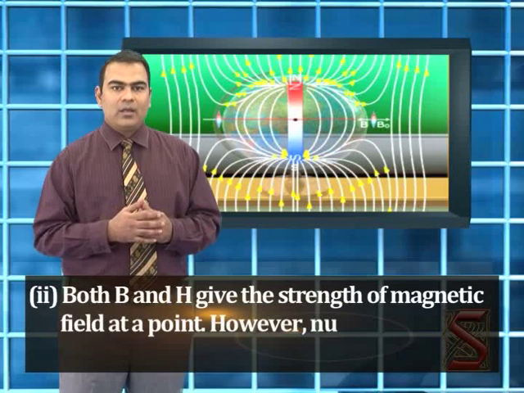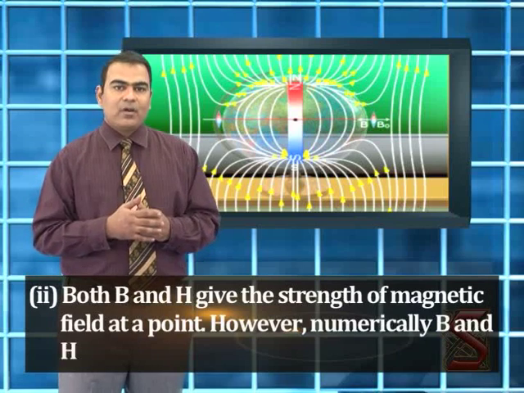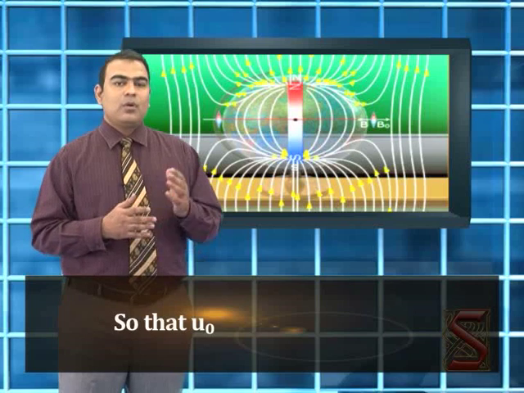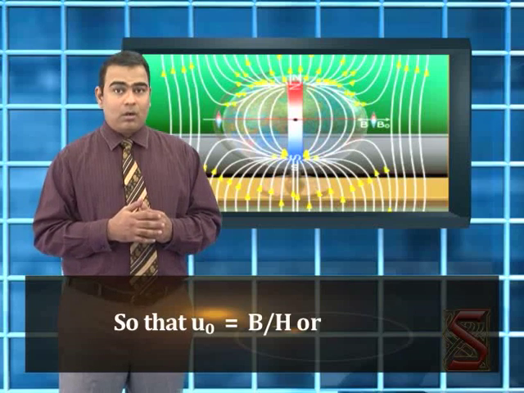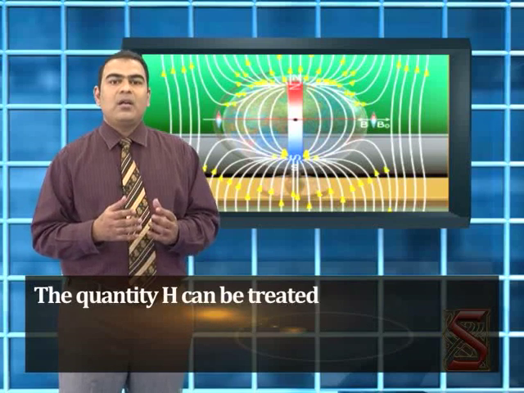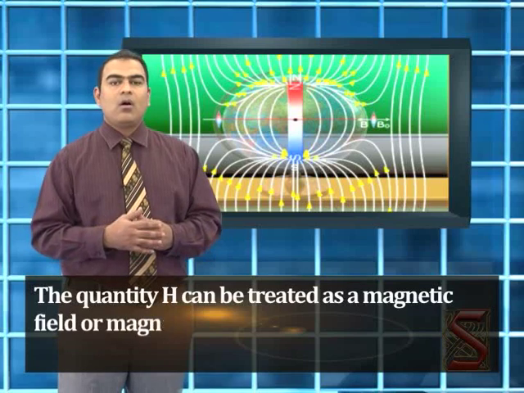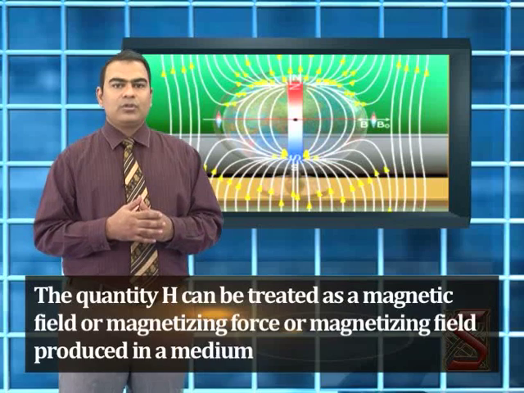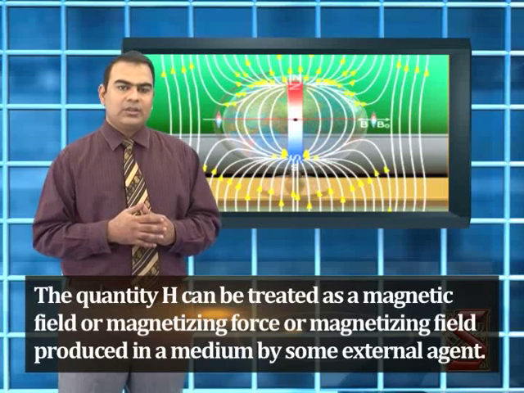However, numerically, B and H differ by a constant mu naught in free space, so that mu naught is equal to B by H, or B is equal to mu naught into H. The quantity H can be treated as a magnetic field or a magnetizing force or magnetizing field produced in a medium by some external agent.